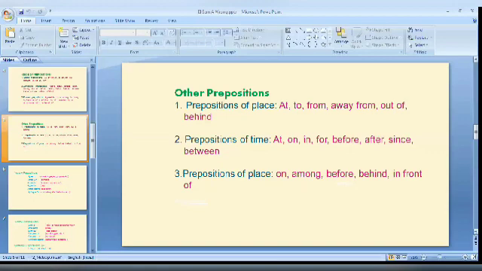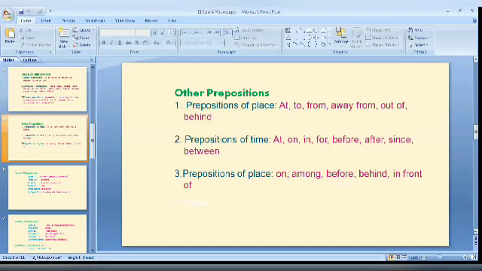For example, in the first sentence, I told you, my brother lives at Nampally in Hyderabad, then it indicates the place, Nampally. But in the second sentence, my brother comes home at 6 o'clock. Here the preposition at is indicating the time. He comes at 6 o'clock. So according to the context, the preposition at sometimes indicates place, and sometimes it indicates time.